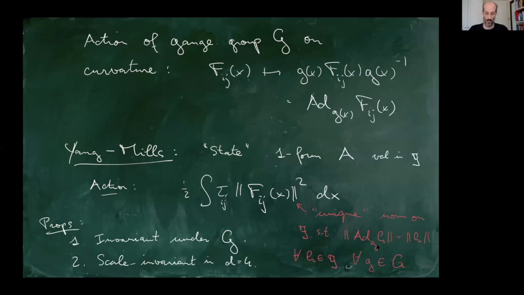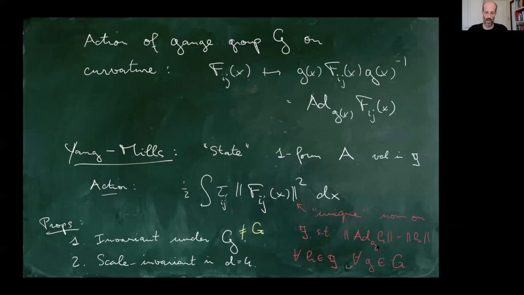But this is the Gage group, right? This G is different from this, right? This G is the one where your group element is allowed to depend on X as well. So it's not just the global, it's not just an element of the Lie group G, it's a function with values in the Lie group.